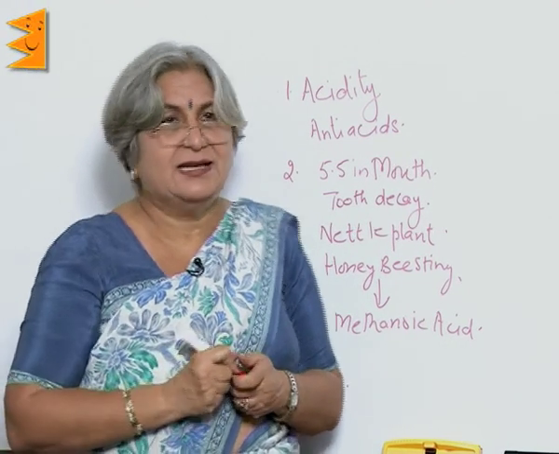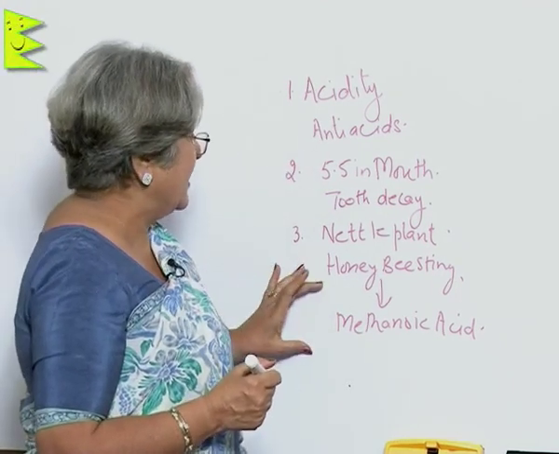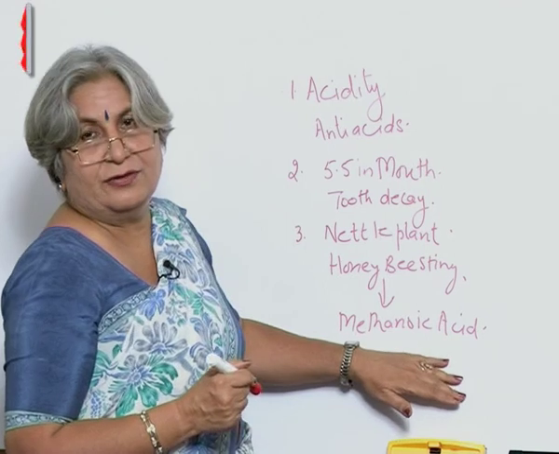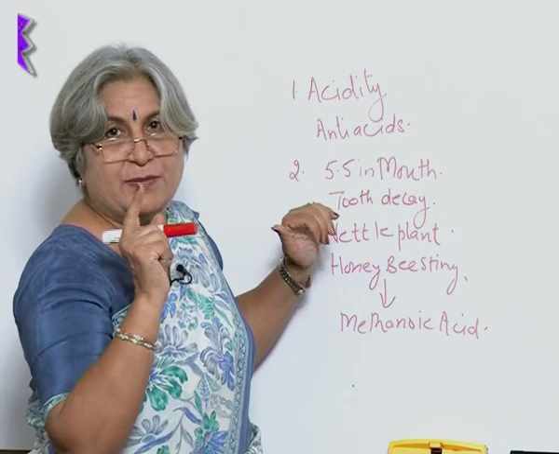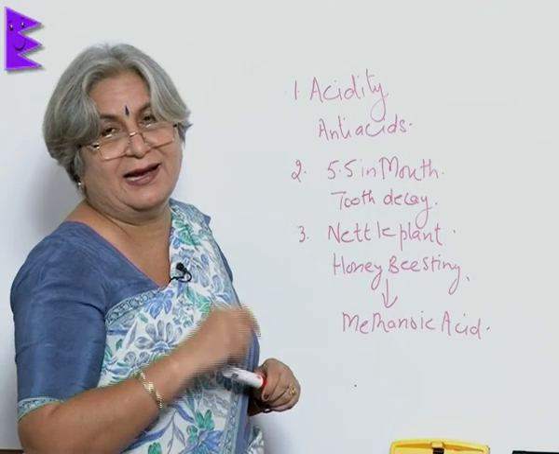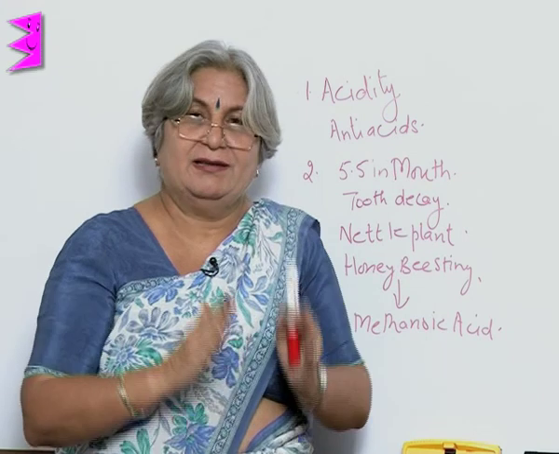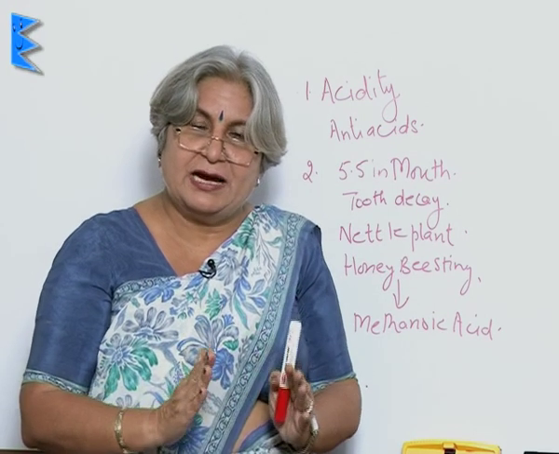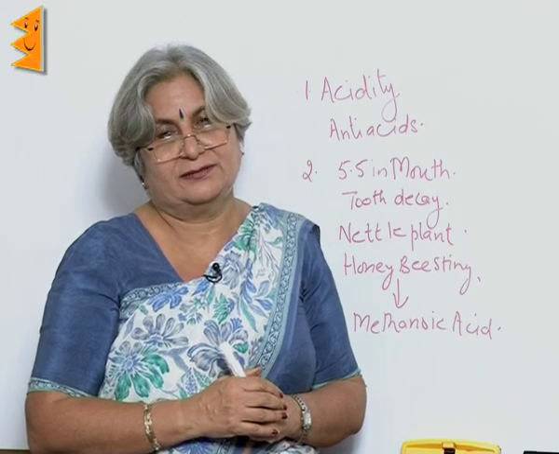And once again, just like we do in acidity, we can use antacids and neutralize these acids. The brushing of the teeth also helps because pastes are slightly alkaline. So, they can neutralize the acid. So, wherever there is excess of acid, the way out is neutralizing it with the help of a base.